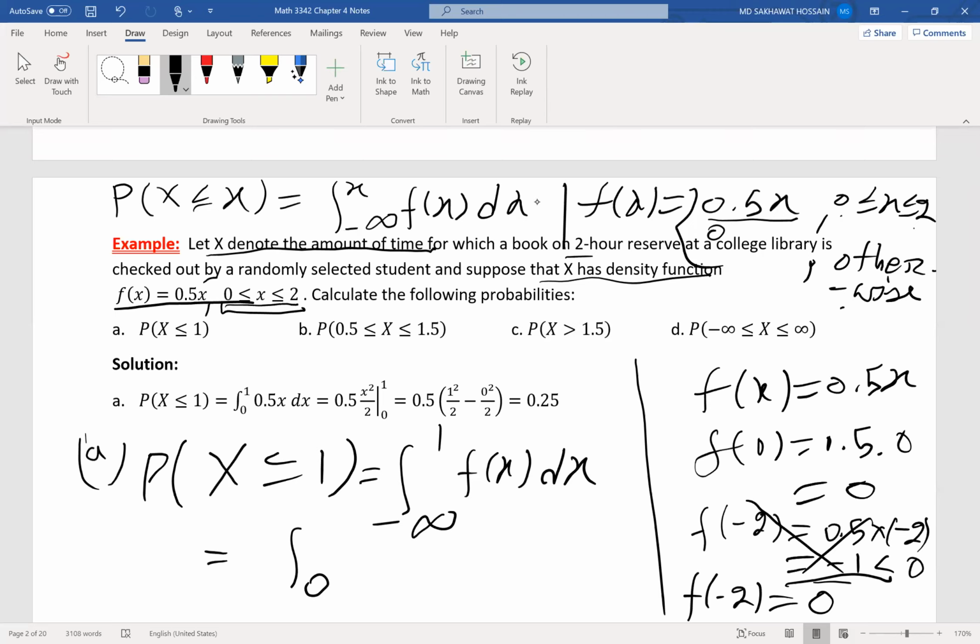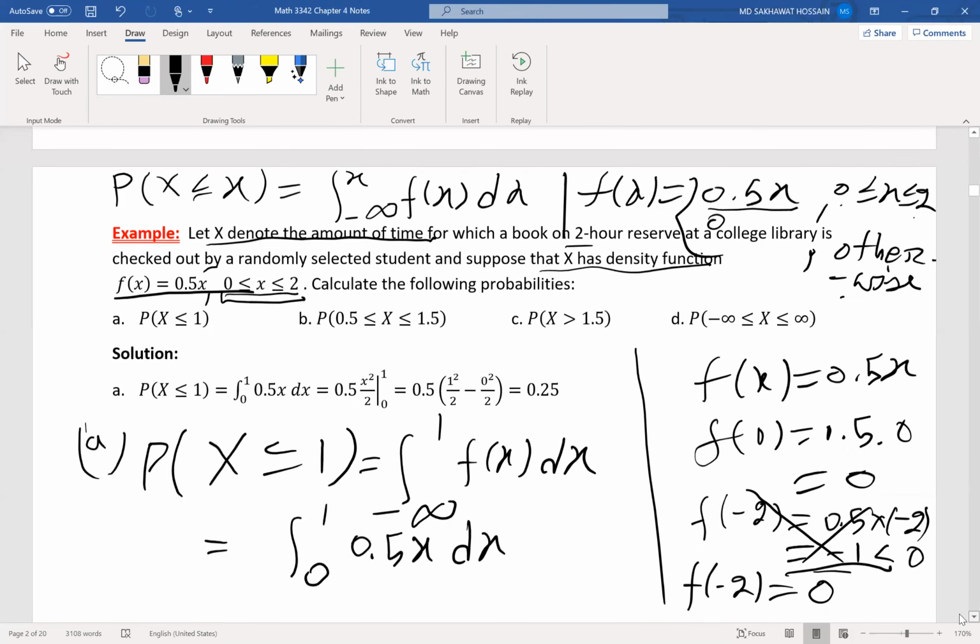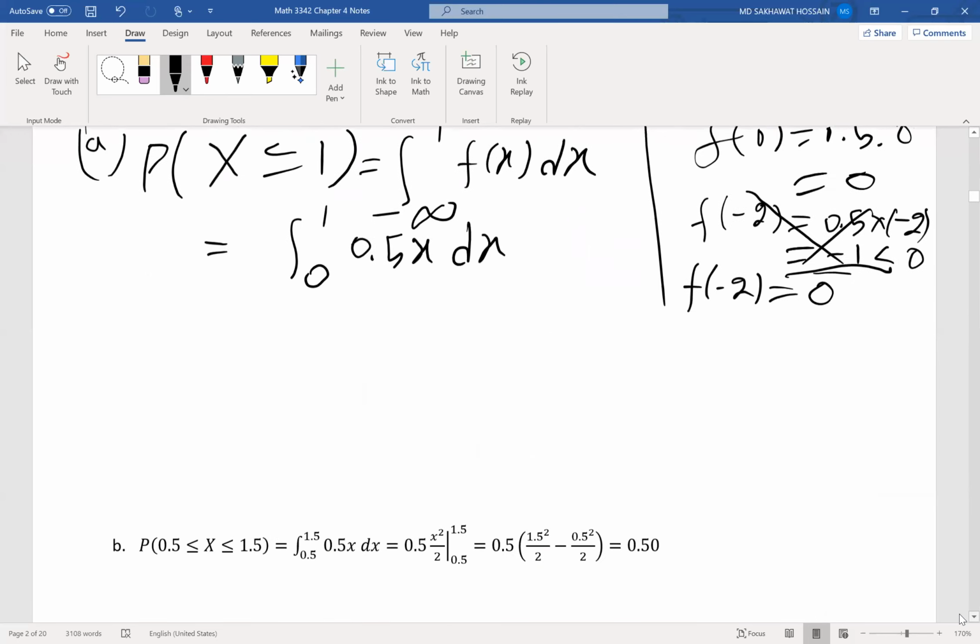And here we are given that x is less than or equal to 1, so it will be 0 to 1, and f of x is 0.5x dx. So now you need to integrate this from 0 to 1.